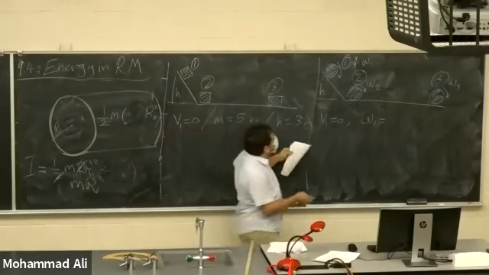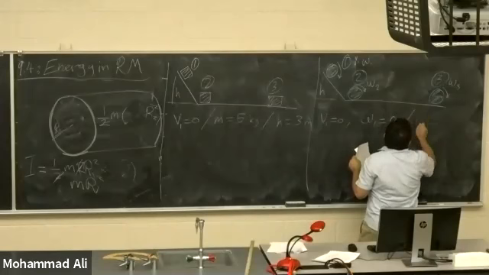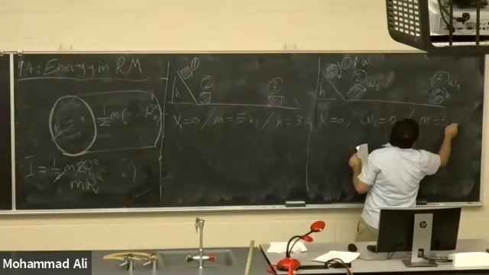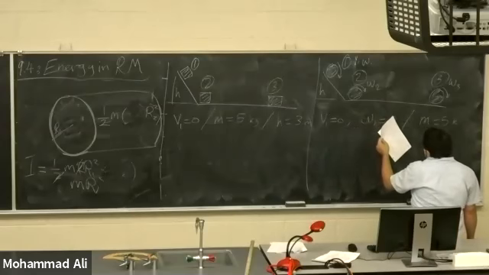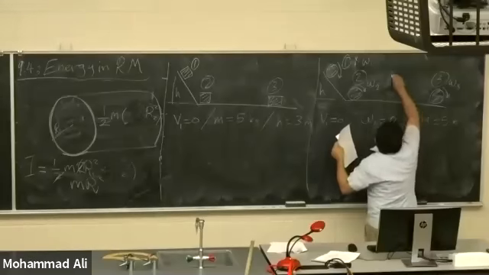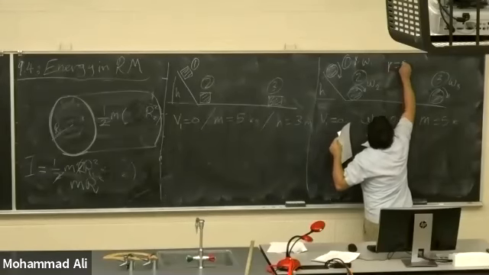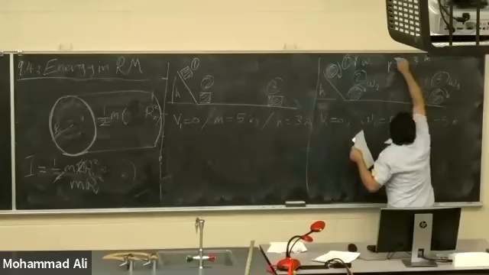The mass is 5 kilograms also. Omega 1 is 0. M is 5 kilograms. But now we have a radius for this object. The radius R is equal to 0.3.